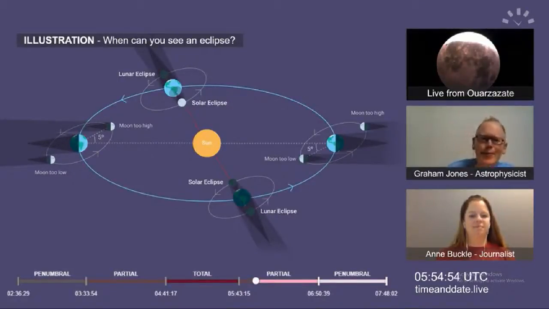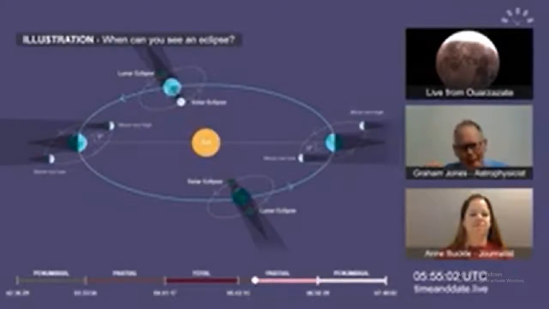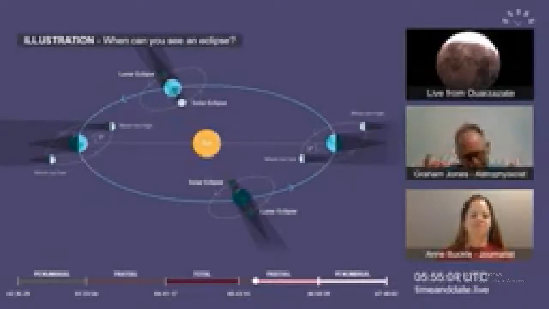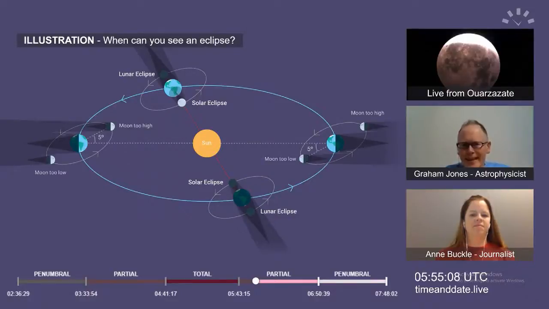Because a lunar eclipse happens at full moon. It's when you have the sun, the earth, and the moon aligned. So the earth is exactly between the sun and the moon. And this is when we have a full moon in the sky, and this is when lunar eclipses happen.